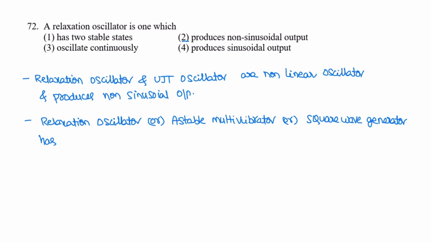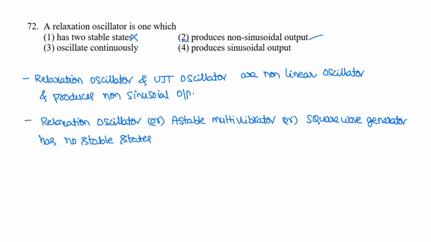A relaxation oscillator, or astable multivibrator or square wave generator, has no stable states. Option 1 is wrong. Oscillate continuously? No, it produces non-sinusoidal output. Option 2 is the correct one.